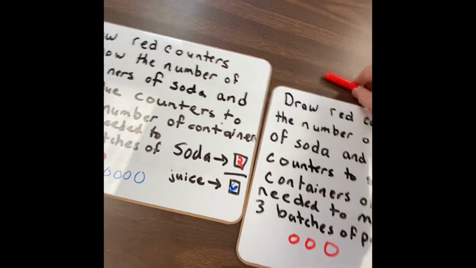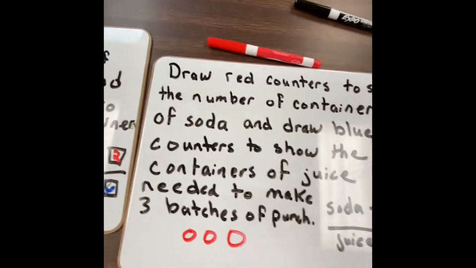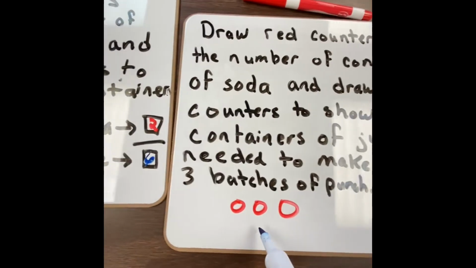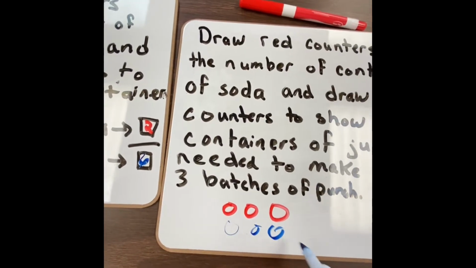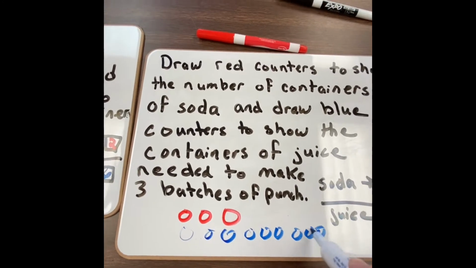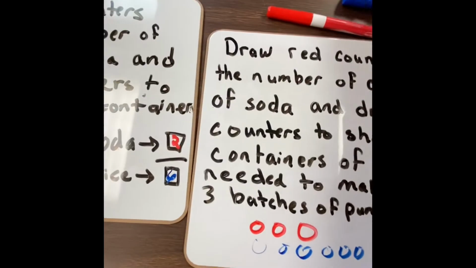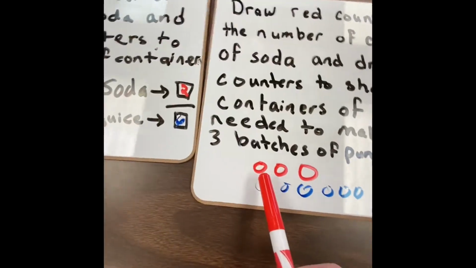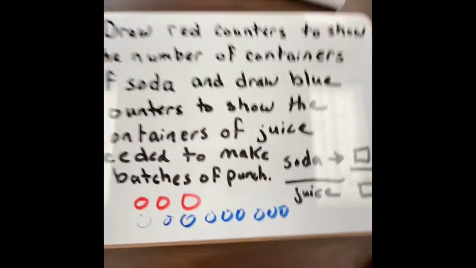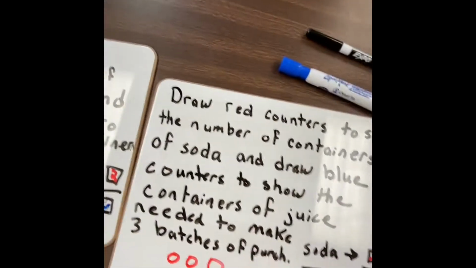Now, juice, if we had to have 3, we're going to have how many for 3? There's 1, 2, 3 for the first one, 1, 2, 3 for the second one, and 1, 2, 3 for the third one. So, how many things of soda? 1, 2, 3. So put a 3 right there.